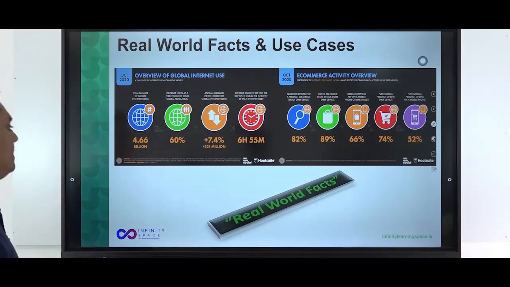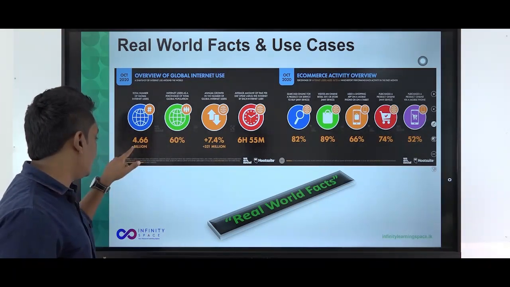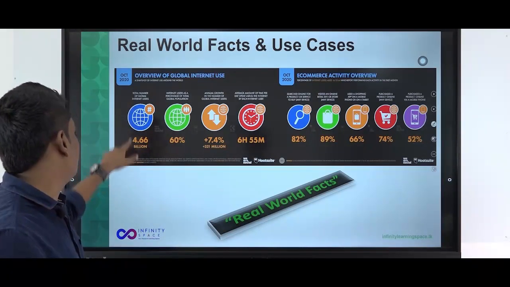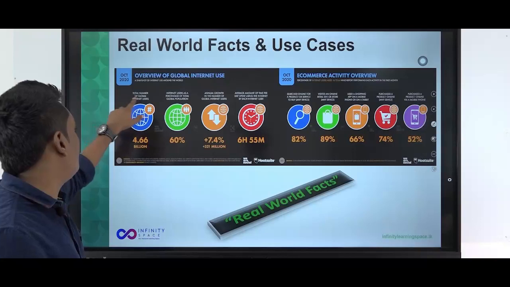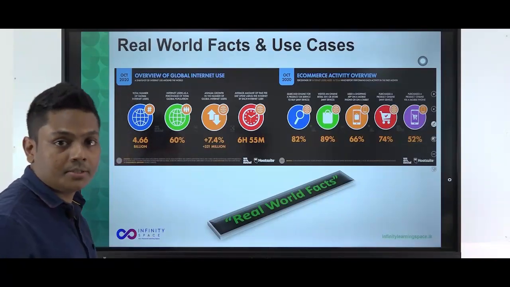October 2020 data, taken from the source Hootsuite, gives an overview of global internet use. If you see here, 4.66 billion is the total number of global internet users as of October 2020.